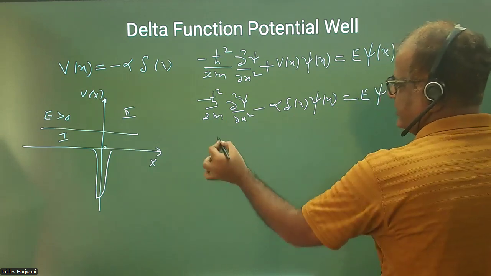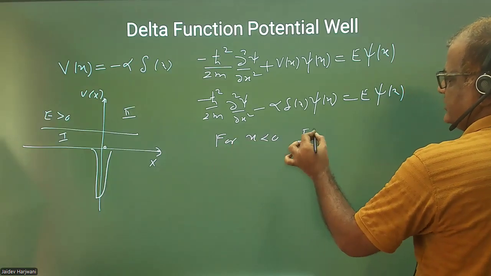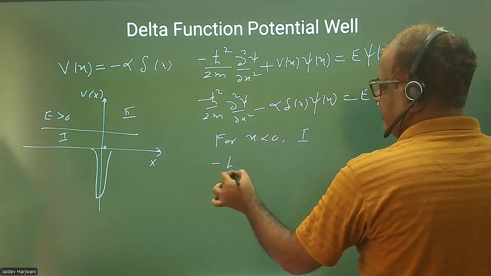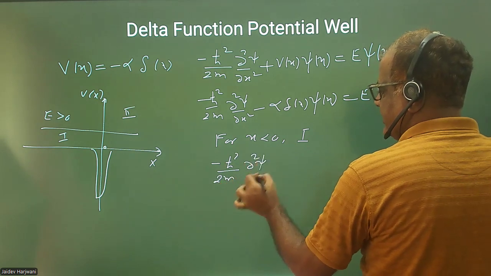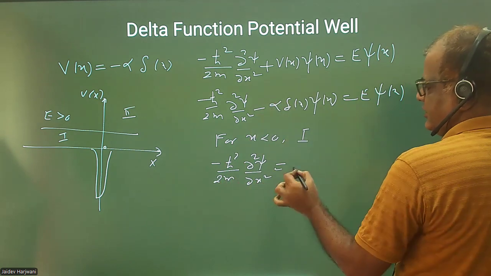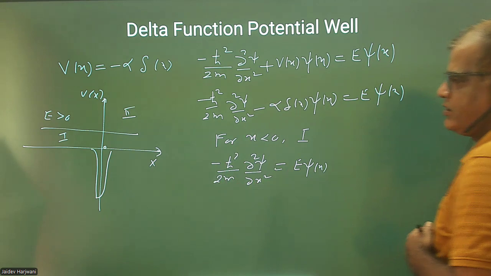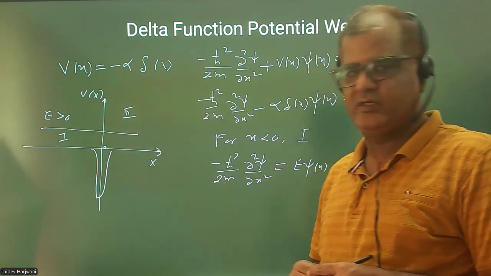Now for x less than 0, that is region 1, this equation becomes -ħ²/2m ∂²ψ/∂x² and this term becomes 0, so you have only Eψ(x), because the delta has a value only at x equal to 0.